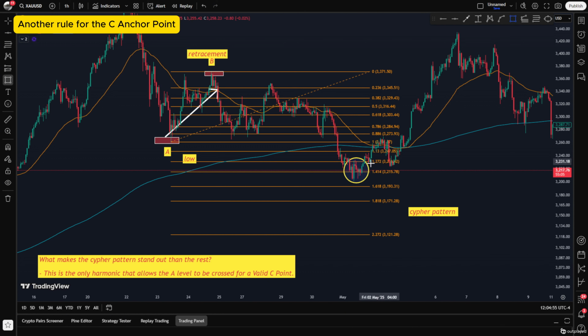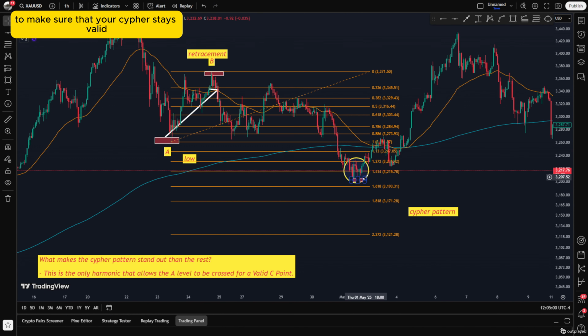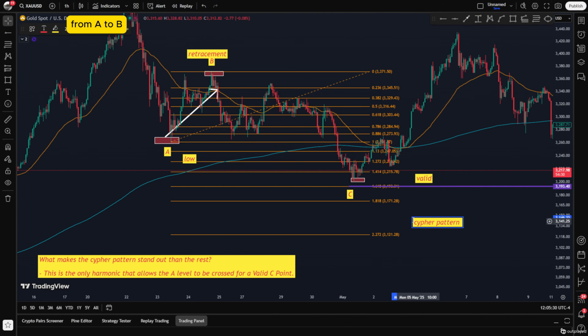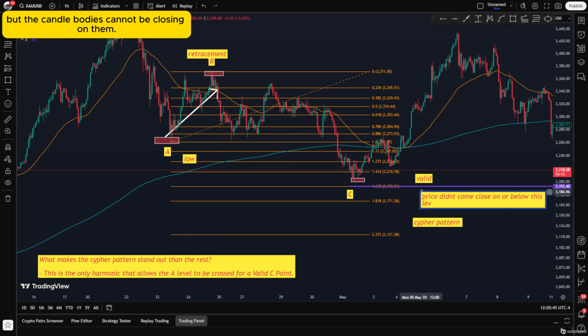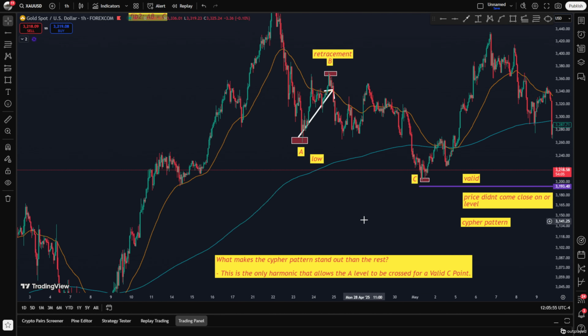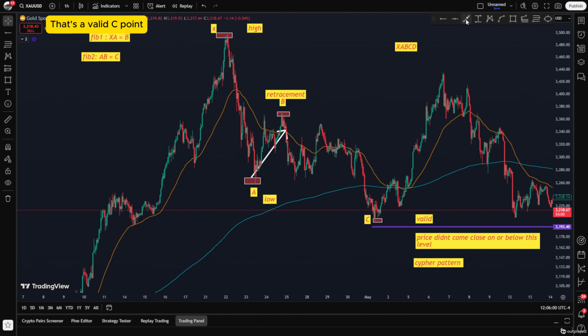Another rule for the C anchor point to make sure that your cipher stays valid is that price cannot close on or below the 1.618 Fibonacci level from A to B. Just like the other patterns, price can wick these levels, but the candle bodies cannot be closing on them. That's a valid C point.